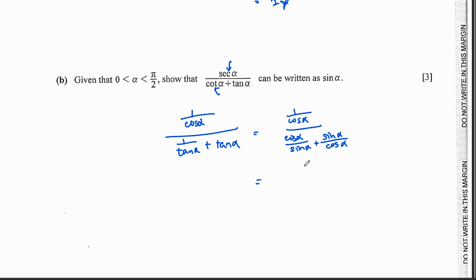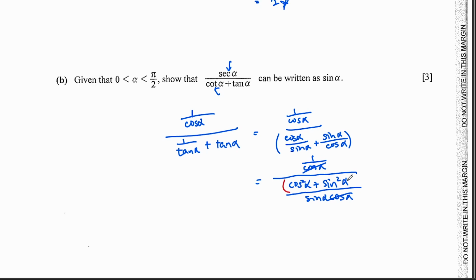So now we've got here, I want to combine this in the denominator into one fraction. So maybe I can do the cross multiplication. I still have this 1 over cosine at the top. And this top and bottom cosine cancels off actually. And the cosine squared plus the sine squared is actually equal to 1.